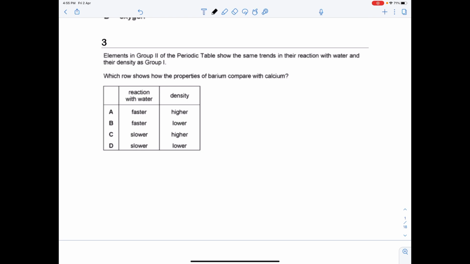Elements in group 2 of the periodic table show the same trends in their reaction with water and their density as group 1, which shows how the properties of barium compare with calcium. Well, we know that barium is right down at the bottom of the group, whereas calcium is 2 steps above it. So we know that reactivity is going to increase.